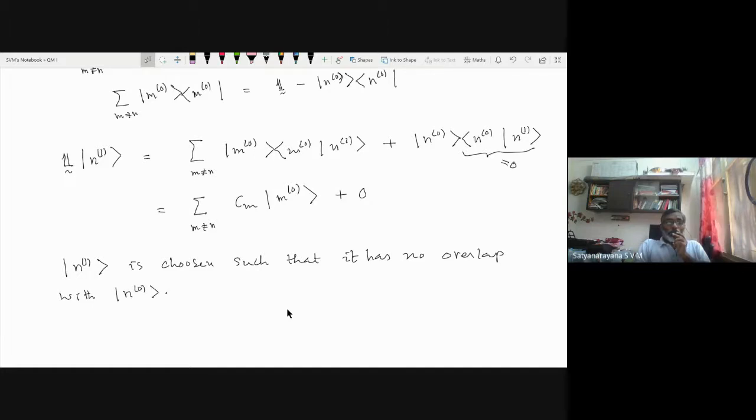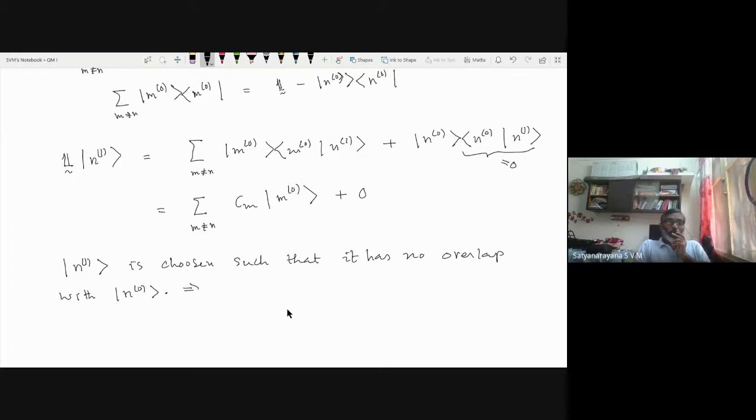Why? Because if there is an overlap with n0, that overlap can actually be absorbed into n0 only. You are not getting any new information if there is an overlap with n0. So we want to get only the new direction information, and hence I will choose this such that it has no overlap with n0.